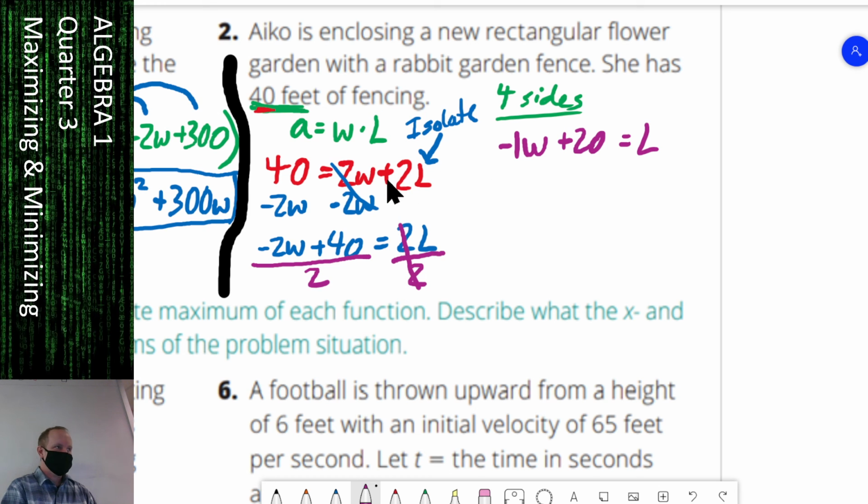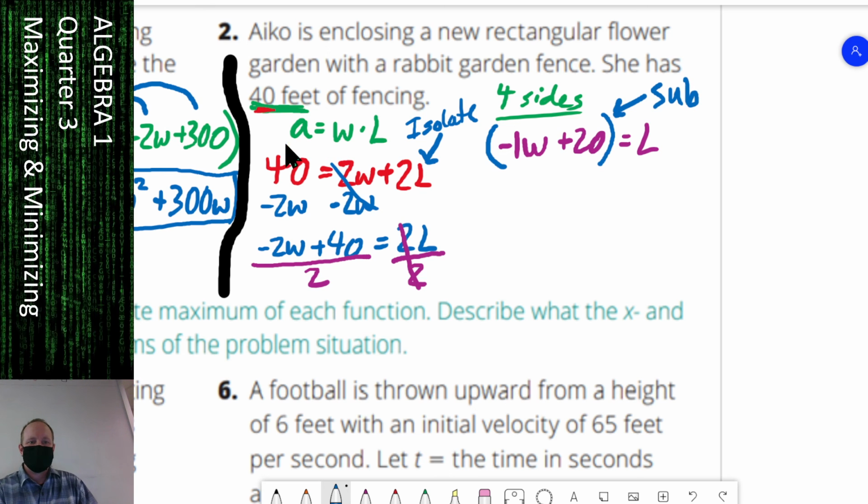So we isolated first. Once we got the L by itself, then what did we do? Plug it in. And before I pointed to the L and I said substitute, but it would be more accurate to point to this and say substitute. We're going to go back to our original equation, and we're finally going to use this.